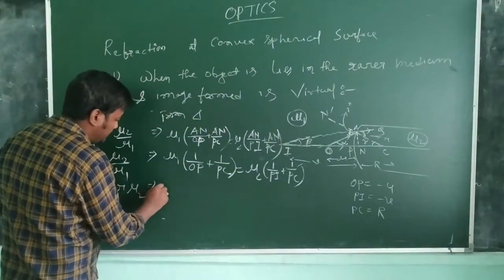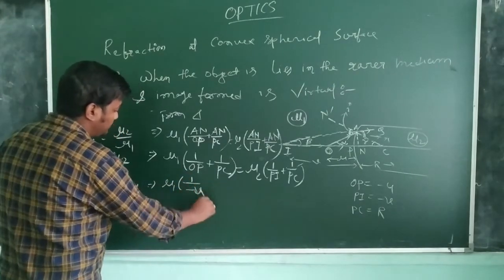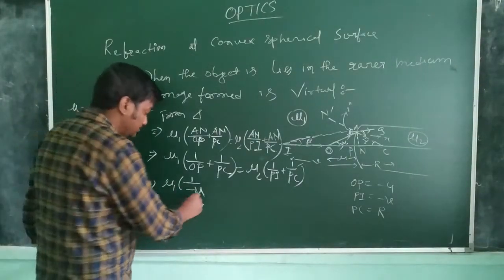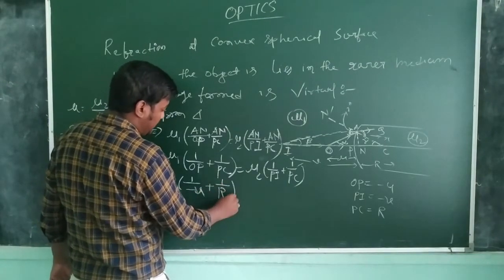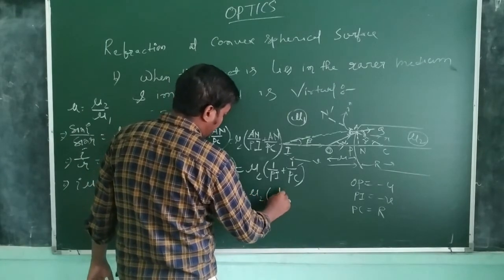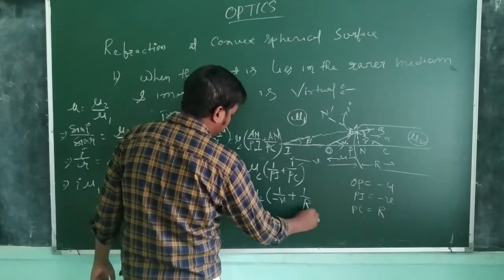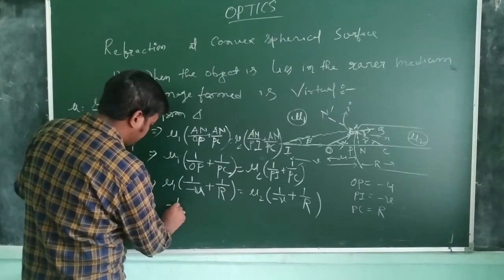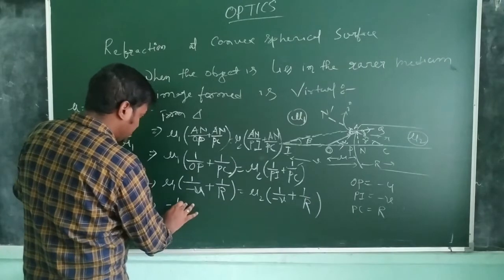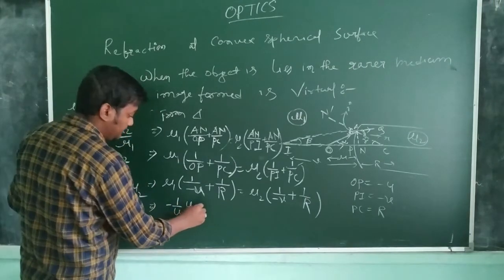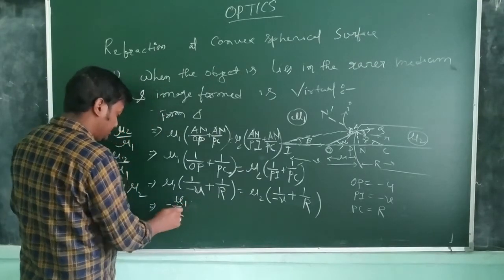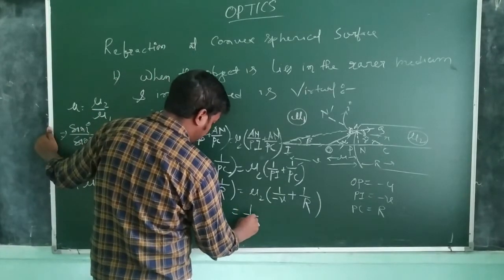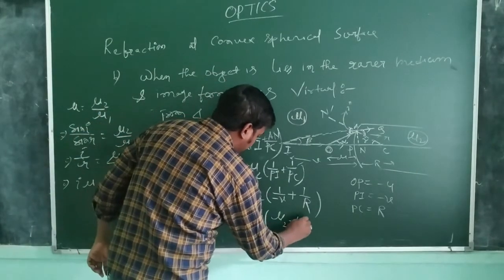If you put these values here, mu1 into 1 by minus u plus 1 by R equals mu2 into 1 by minus v plus 1 by R. So it will be minus mu1 by u plus mu2 by v, and if you take mu1 by R common, it will be mu2 minus mu1.